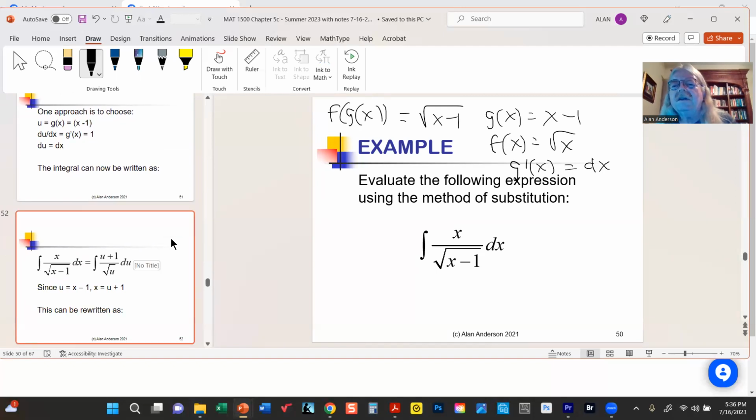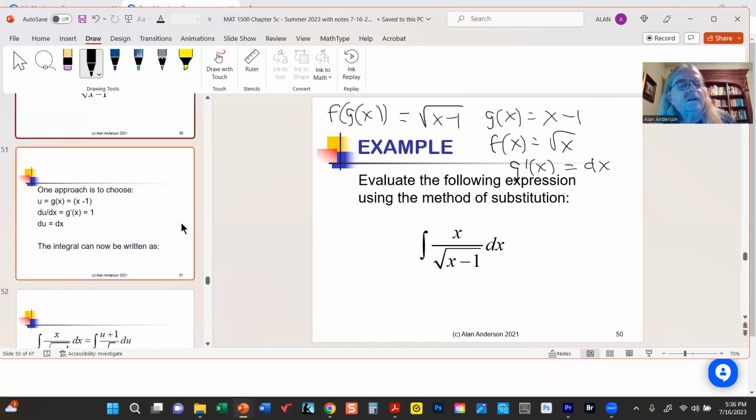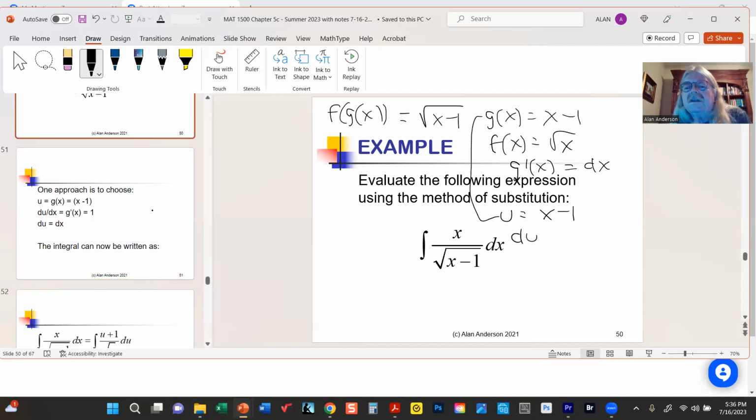I was looking ahead and I realized that this one has a twist. So let's keep going with this. If u then is this x minus 1, remember u and g of x are the same thing. The g prime of x, or du dx, is dx. I'm sorry, it's 1.